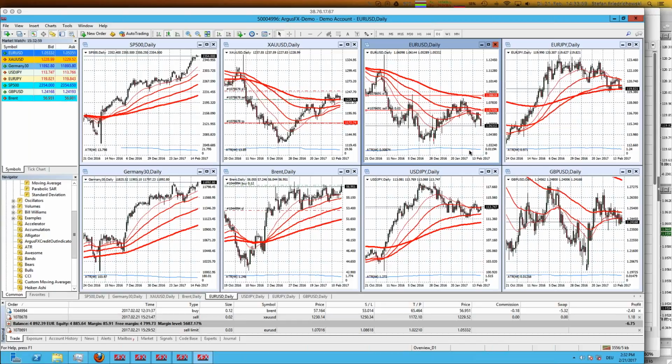So if Euro US dollar goes south, in principle, for a constant Japanese yen, the US dollar Japanese yen would go north.